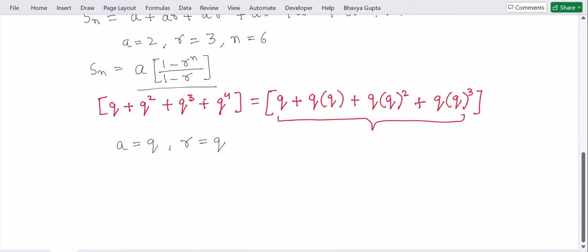So we can rewrite IV1 as, again, D0 was common into, we can now use the formula for summation of a GP series, which is A. So A is equal to Q, we can write Q here. Then 1 minus R raised to power n.